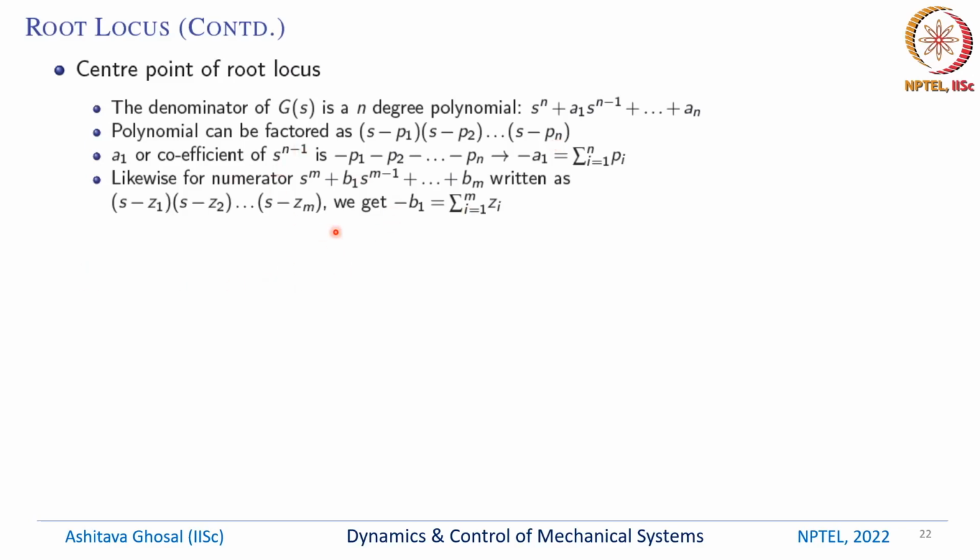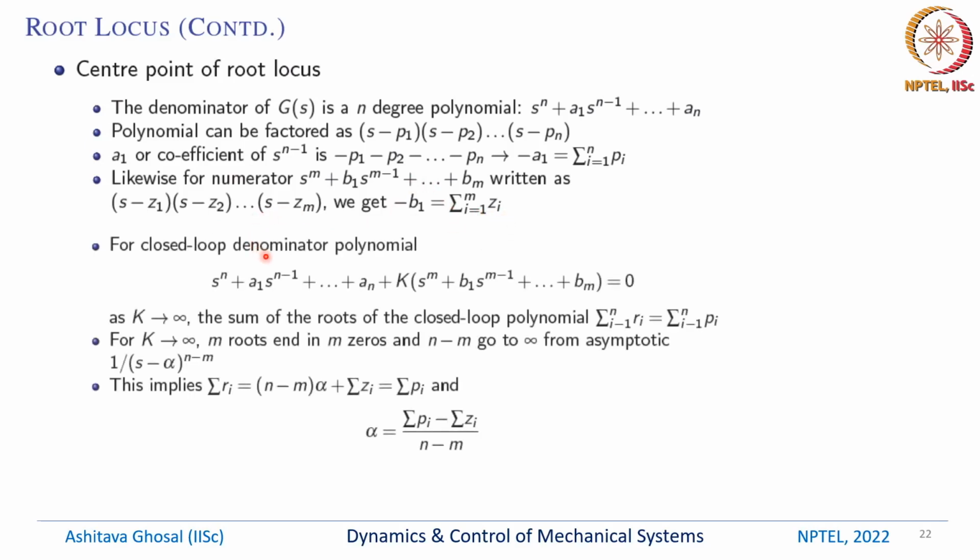Likewise, for the numerator, we have s minus z1 and so on, and we get minus b1 is the sum of the zeros, zi. So for the closed loop denominator polynomial, we have s to the power n, the part containing the poles, and then k into the part containing all the zeros. This is what we have.